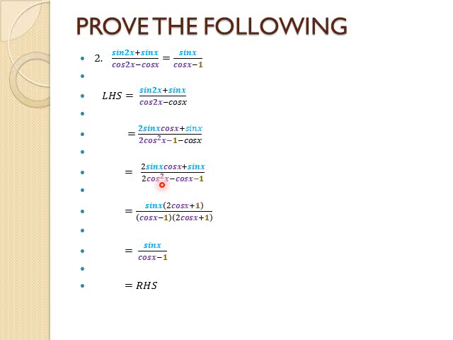For the bottom, 2 cos squared x can only become cos x times 2 cos x, and minus 1 can only be negative 1 times plus 1. I want minus cos x in the middle, so let's see. The closest gives minus 2 cos x, the two furthest give cos x, so minus 2 cos x plus cos x gives minus cos x. So I factorized correctly, and again, 2 cos x plus 1 divided by 2 cos x plus 1 cancels. I'm left with sin x over cos x minus 1.